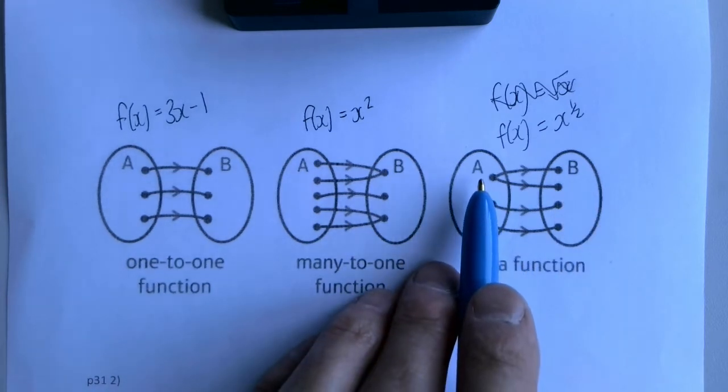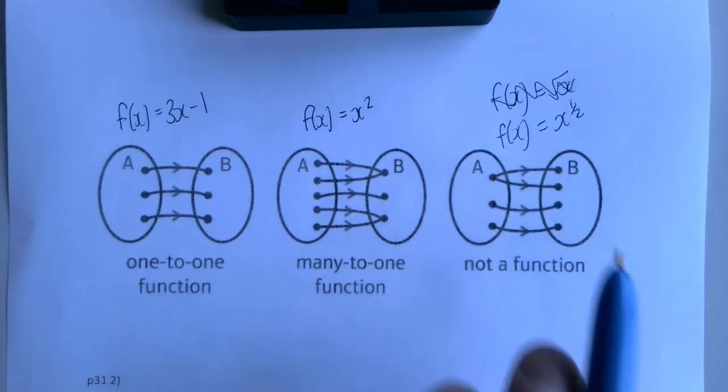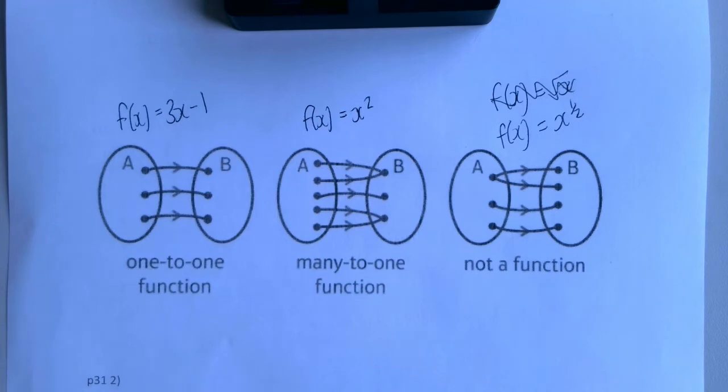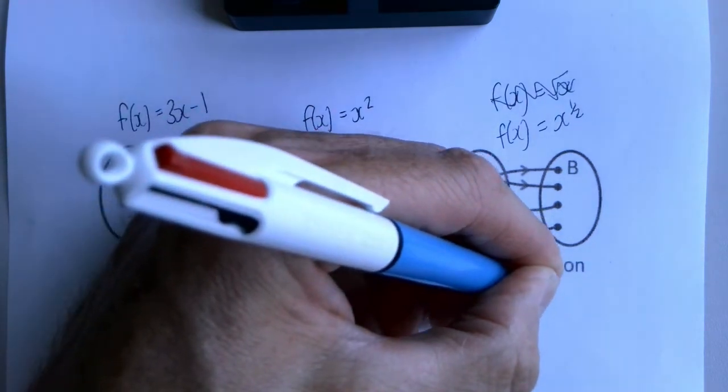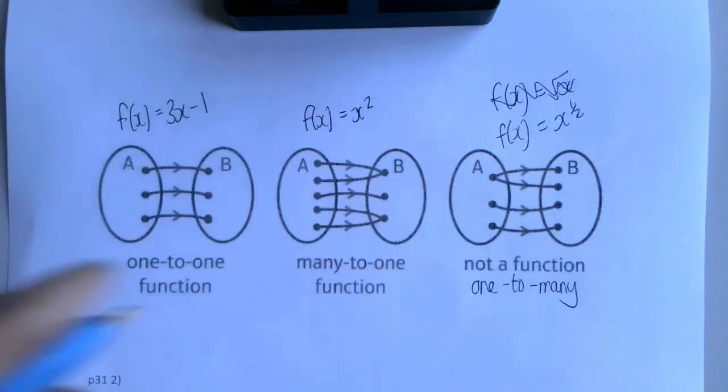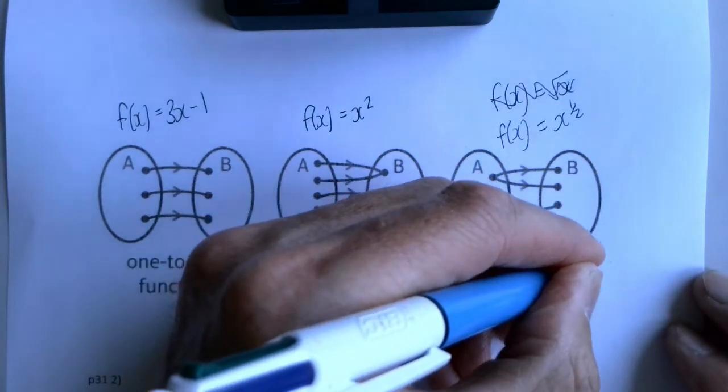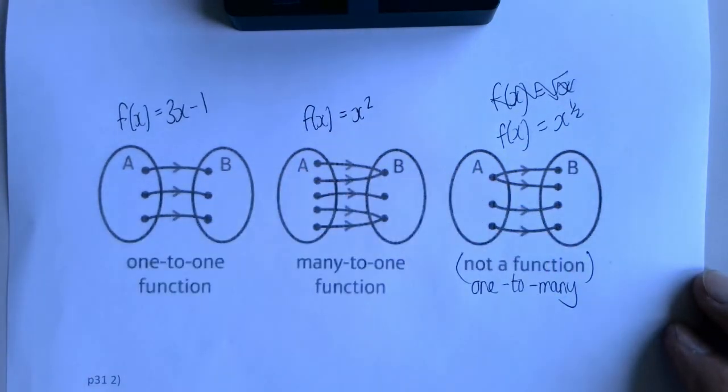So if you put a 4 into this function, you get a minus 2 or a plus 2 out. This is, by the strictest definition, not a function, but it's referred to as one-to-many. So we have 3 sorts of function, although this one is strictly not a function.